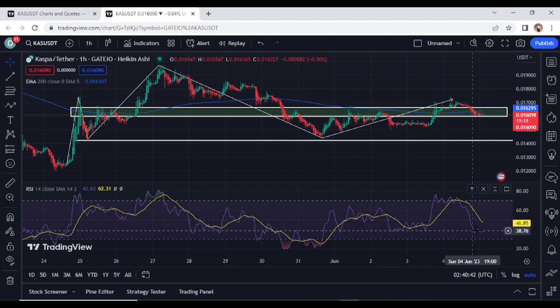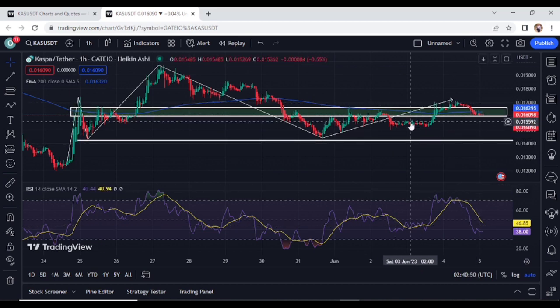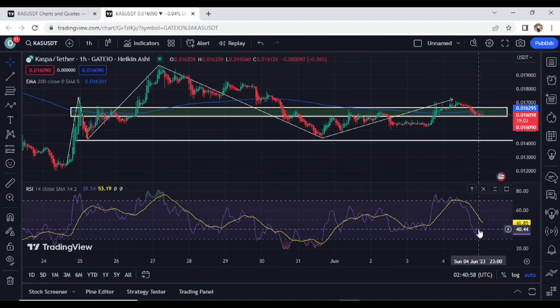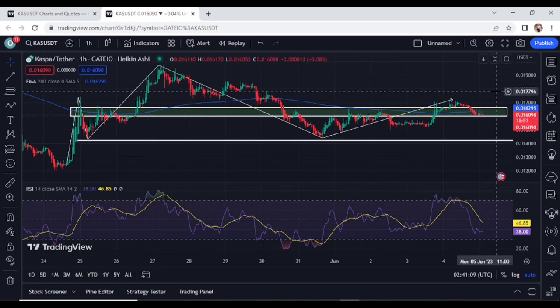On the RSI, this point is lower than this point, but on the chart, this point is higher than this point. So this is a clear indication that any moment from now there will be a correction, either from this region, or it will go to the oversold region, and then there would be an impulsive move that would create the continuation of the uptrend.